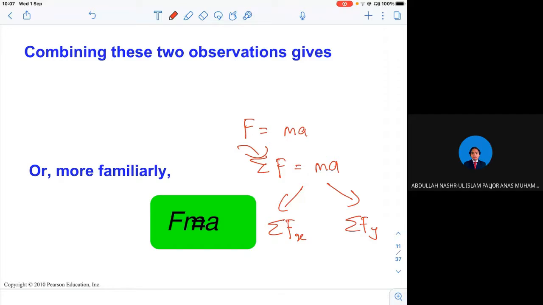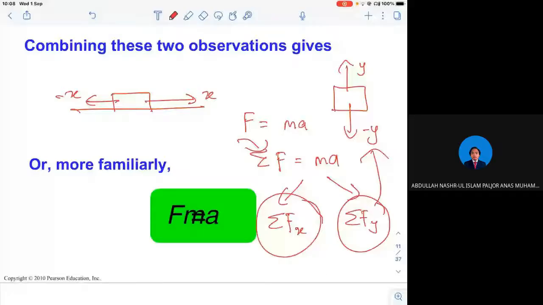When you have a motion that goes left to right, for example an object going to the positive x or negative x, it will comply with the summation of Fx. But when we have motion going up y and negative y, then it should follow the summation of Fy.